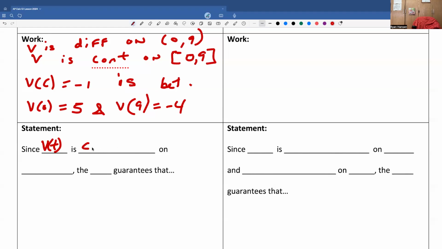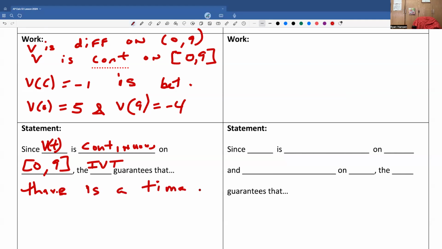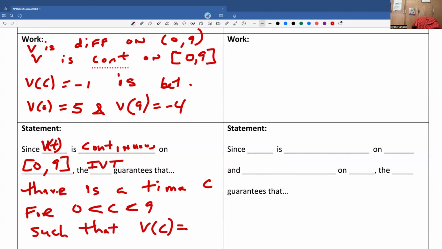Since V of t is continuous on the closed interval 0 to 9, the intermediate value theorem, IVT, guarantees that there is a time c for 0 is less than c is less than 9, such that v of c equals -1.